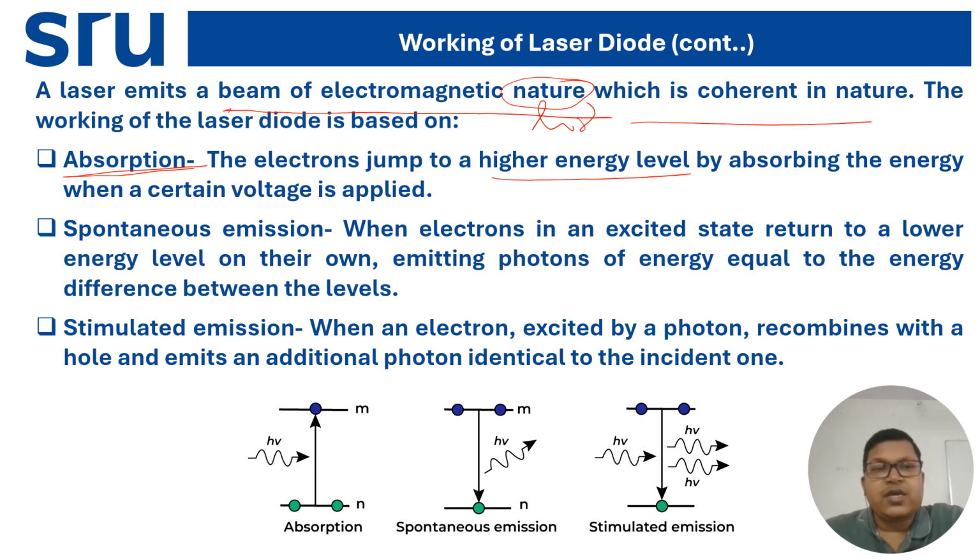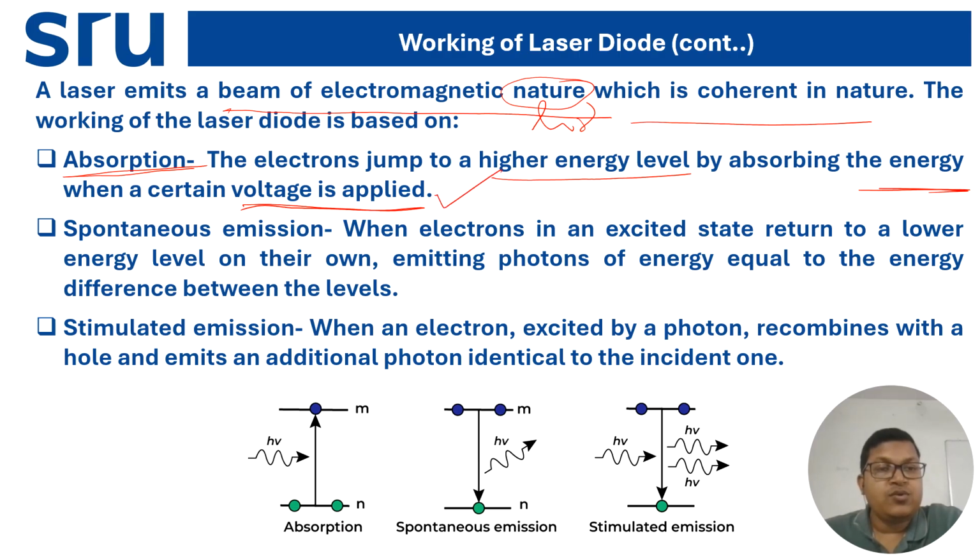Where is the energy coming from? The voltage is applied here, and from the voltage it takes the energy, which is the electrical energy. This process is called absorption. So absorption happens when electrons go to the higher state. Now this absorption process is complete.